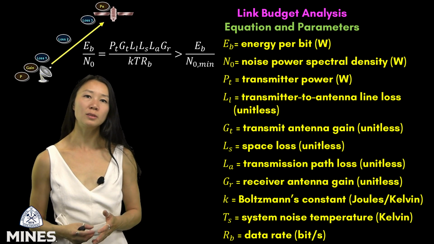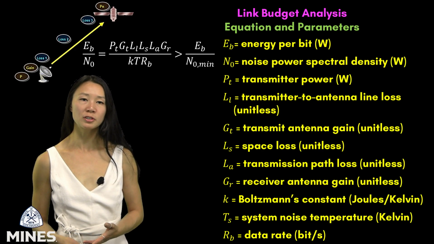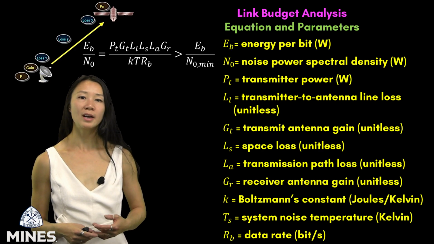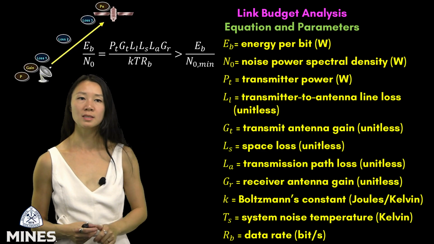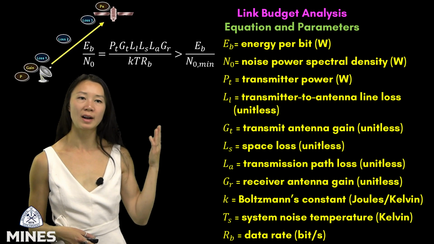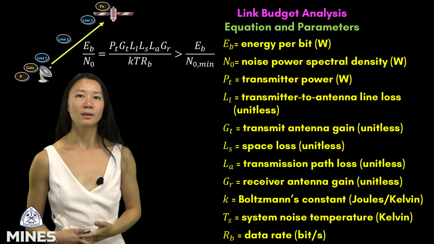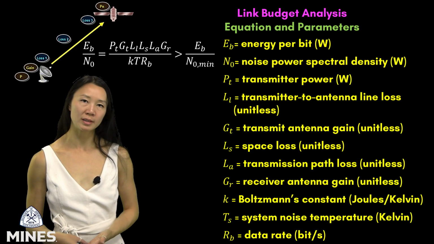Finally, we'll account for the noise in the system. Noise is a function of the system's temperature, so in this ratio, I divide the system noise temperature TS and the Boltzmann constant K. Crucially, you also subtract, or in this case divide, the data rate RB. Notice that the data rate is treated as a loss here. This shows a fundamental trade-off.